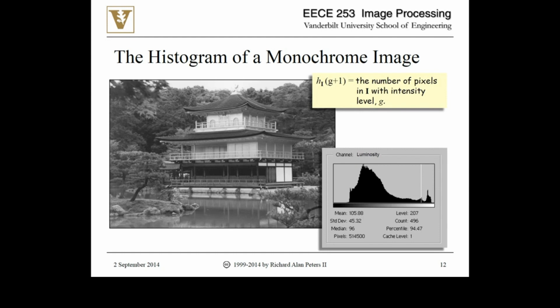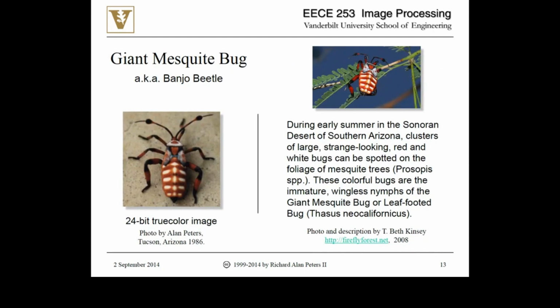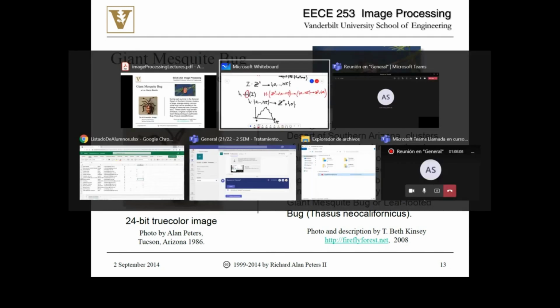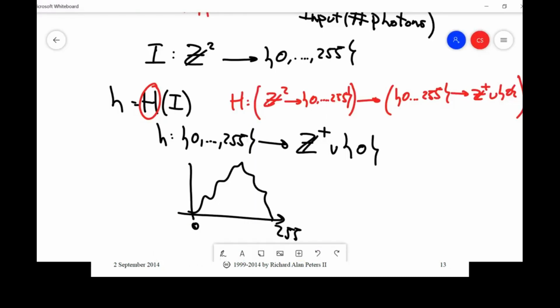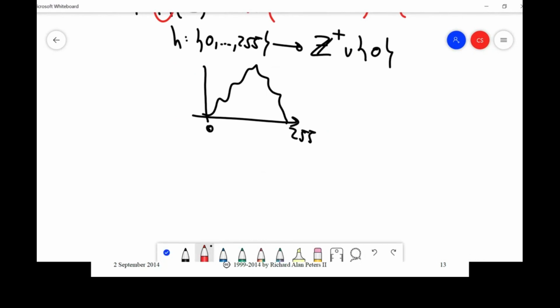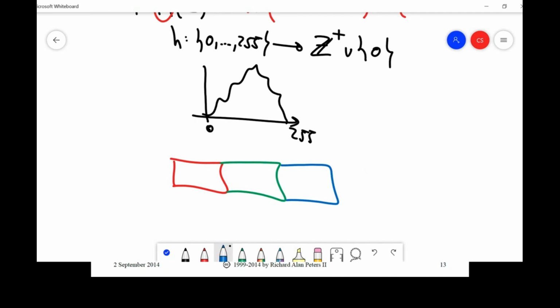Okay, so let's say we have this image and this histogram. This is something we already know. This one is 24-bit true color, so now we know what it means. Just a reminder: 24-bit true color means that we have red, green, and blue, and we have 8 bits for each one.